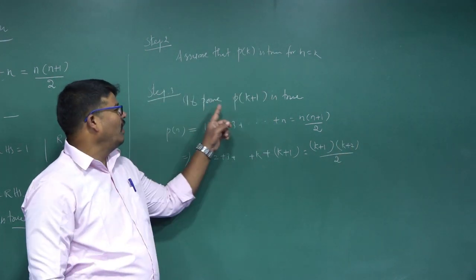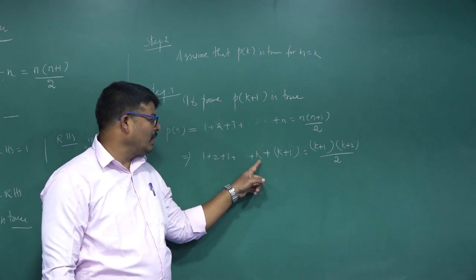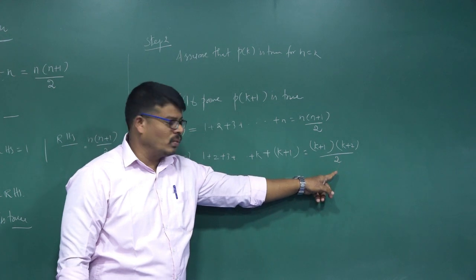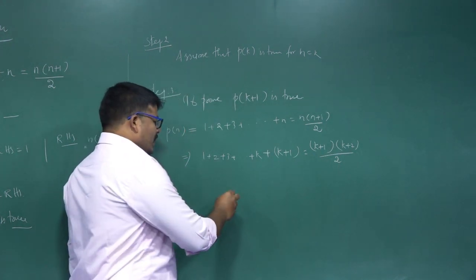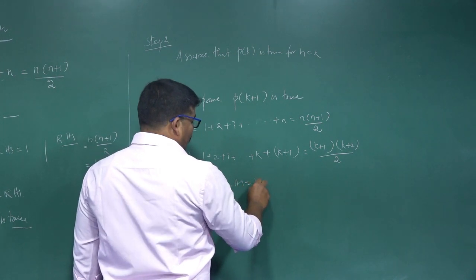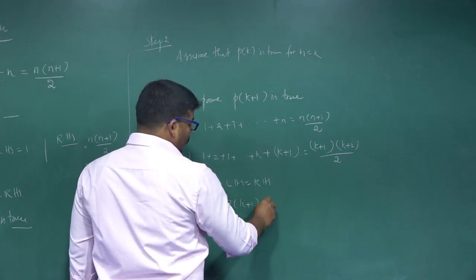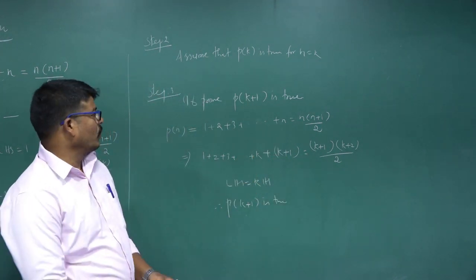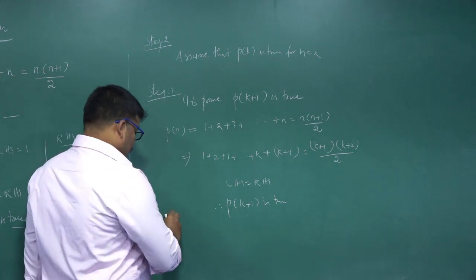To prove P of k plus 1 is true: 1 plus 2 plus 3 and so on, plus k plus 1 equal to k plus 1 into k plus 2 by 2. We have to prove LHS equal to RHS. Therefore P of k plus 1 is true. That is step 3.